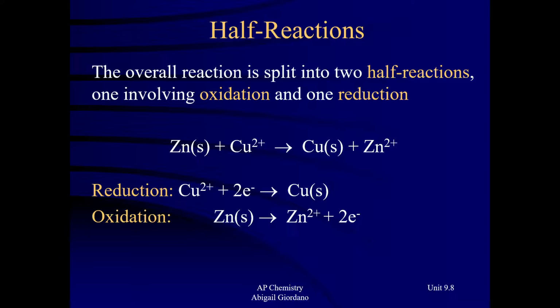And if you look at these individual half reactions, you can see what is happening to the copper, first of all. It's going from its ion form, +2, to its solid form, which has an overall charge of 0. So that is a decrease in charge. We can see that the copper ion is gaining electrons. That's reduction.